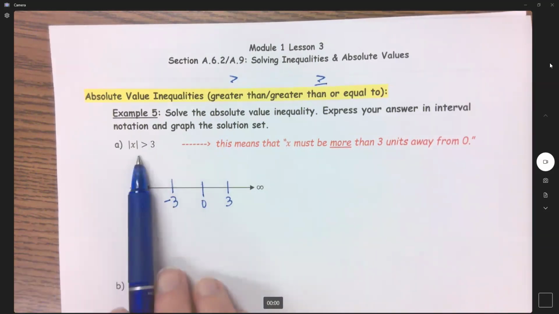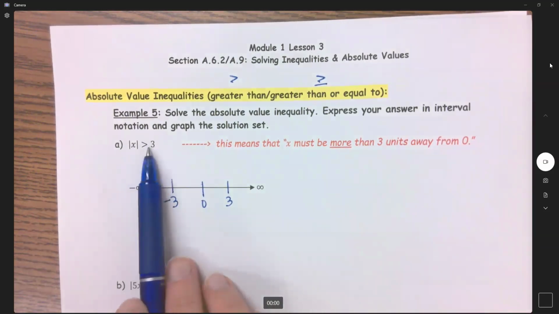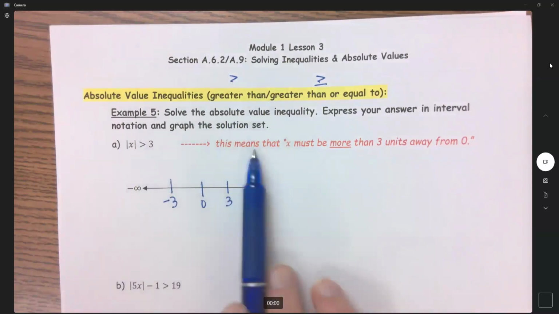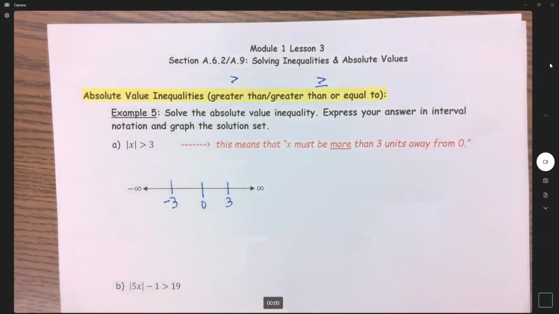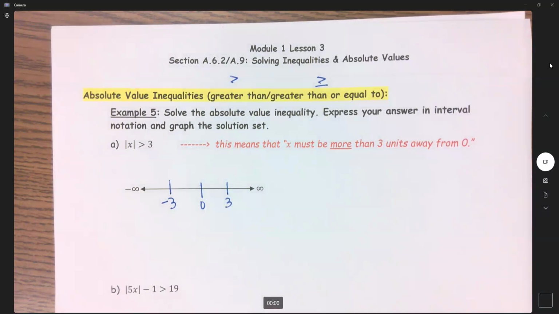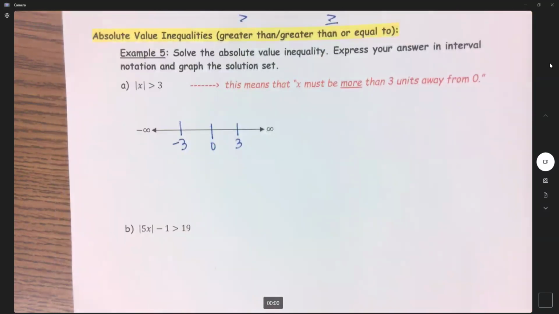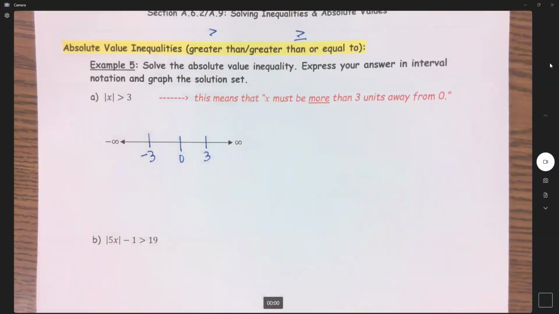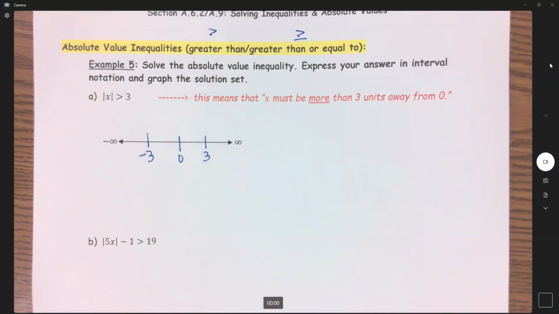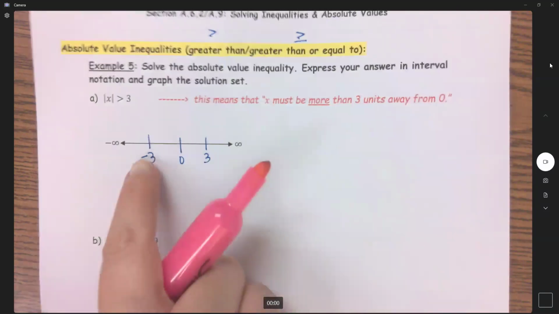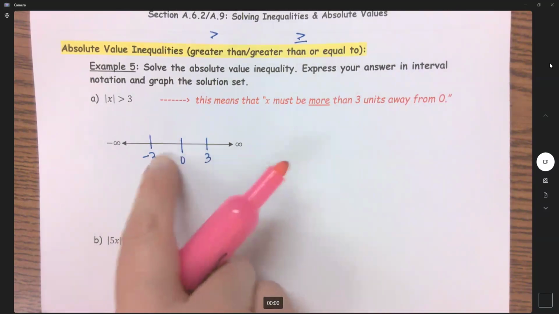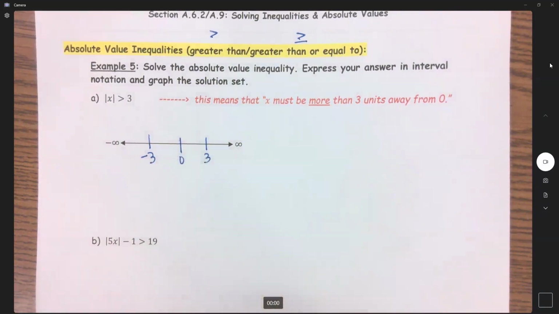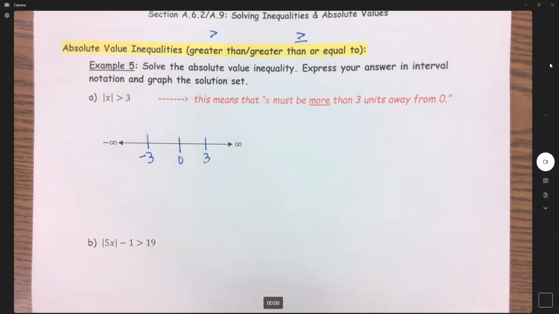So again, absolute value is the distance from 0, and now it must be greater than 3. So that's what's written out right here. This means that x must be more than 3 units away from 0. Well, where are we talking about on this number line that my units are more than 3 units away? Everything in between here we discovered last time means that they all have an absolute value of less than 3.